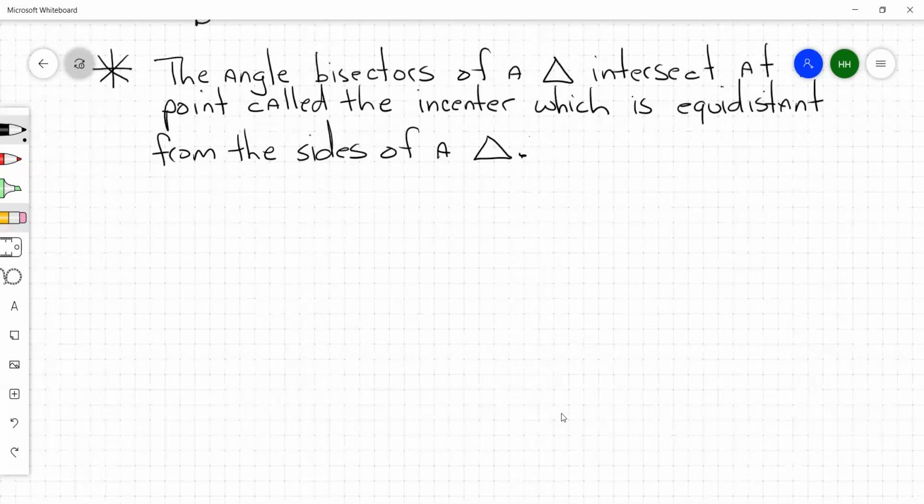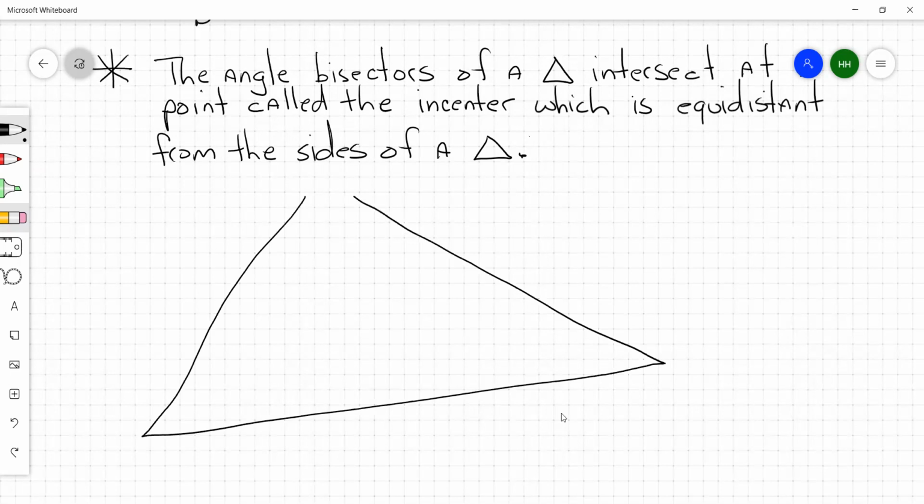So if you had triangle ABC again, triangle ABC, how many angle bisectors does a triangle have? 3, because it's got 3 angles, right? 3 angle bisectors. So look, if we take an angle bisector and we draw it out of angle A, kind of here.